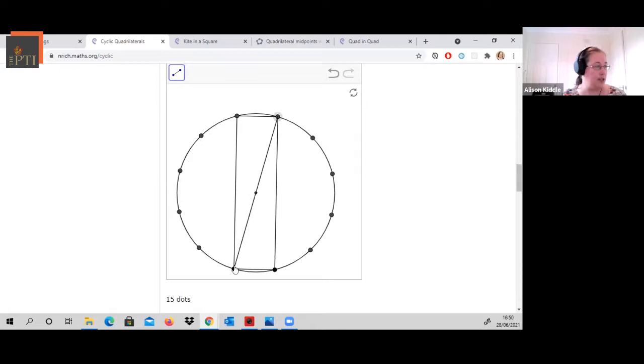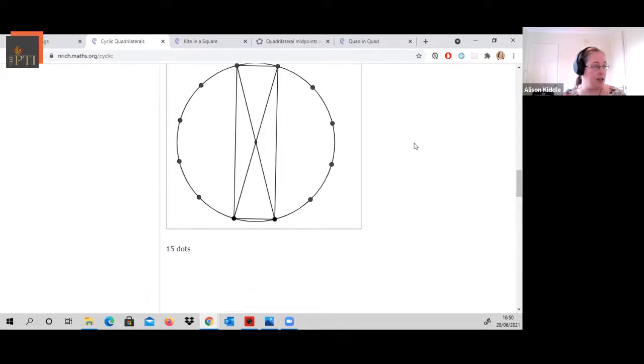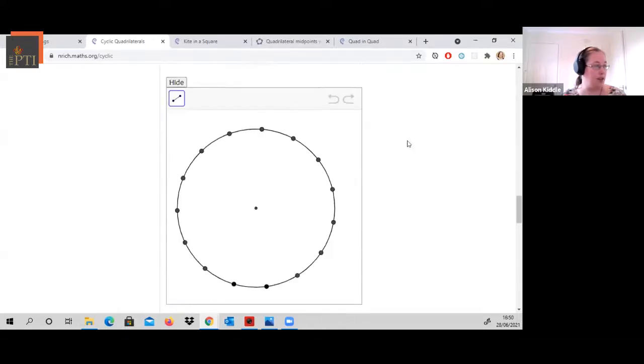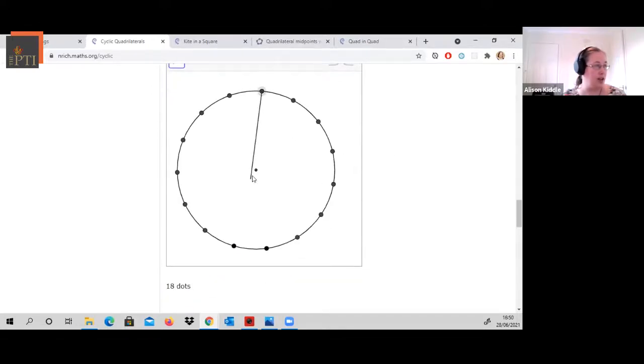And of course, the thinking that you do in order to convince yourself of that leads to the fact that when you're showing that that's a right angle, it's dependent on this being a diameter. So if I try to do the same thing on the 15-dot circle, I find that I don't have a diameter because I've got an odd number of points, and so I can't get a rectangle.